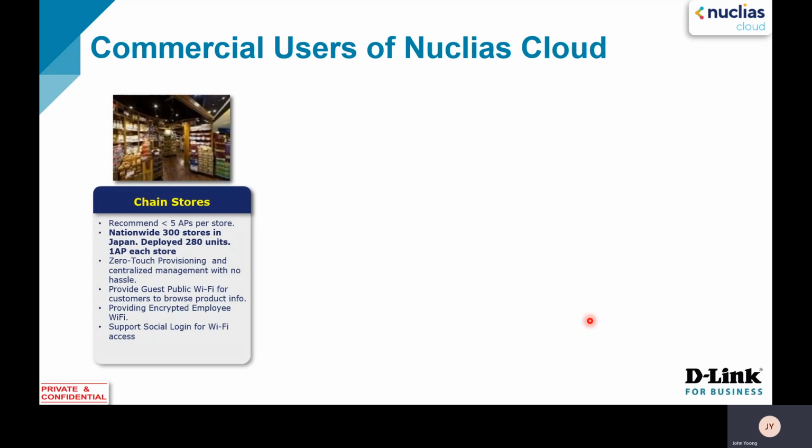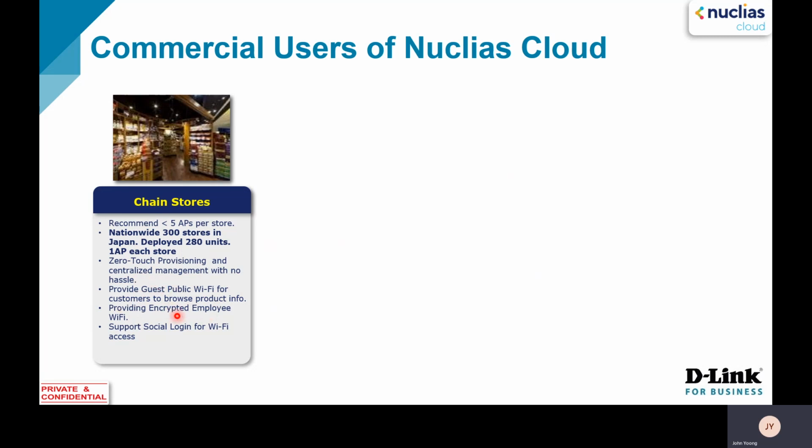And next, for the chain store, same thing, nationwide, 300 stores in Japan, deploy 280 units, around 1 AP per store. Same thing for their IT administrator, they just go down, plug and play, very, very easy for them. Then they can also provide guest Wi-Fi using social login.